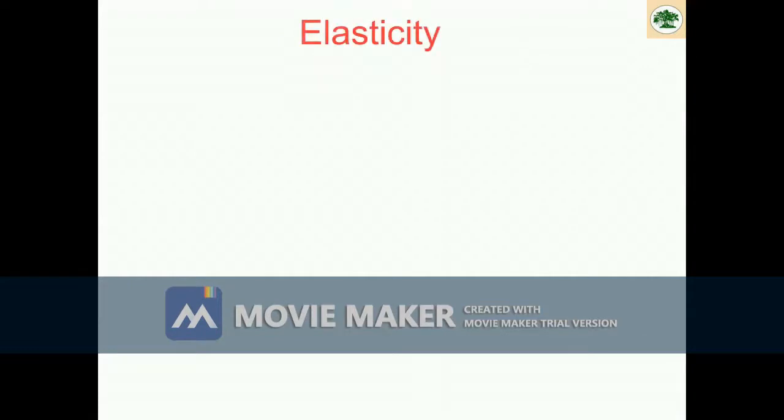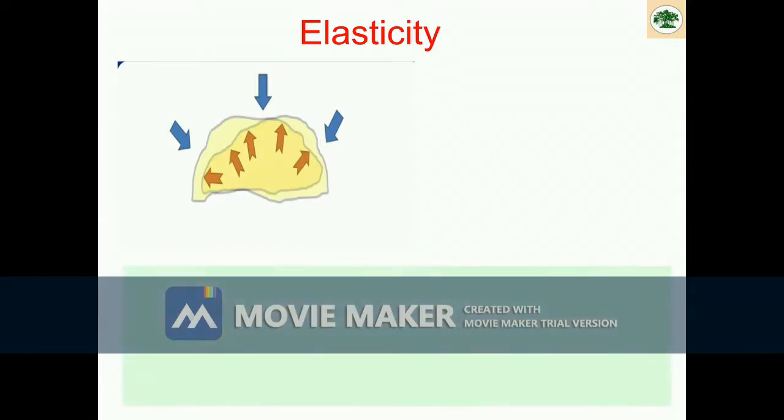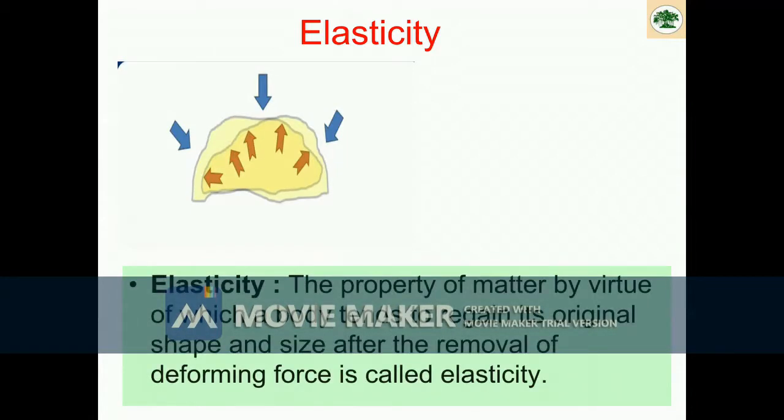Now the property is the elasticity. What is the elasticity? The property of matter by virtue of which the body tends to regain its original shape and size after the removal of the deforming force is called the elasticity. In the diagram, there are two types of arrows.